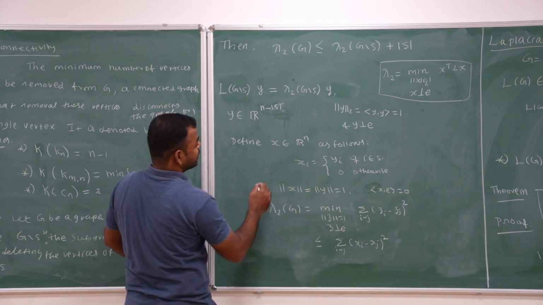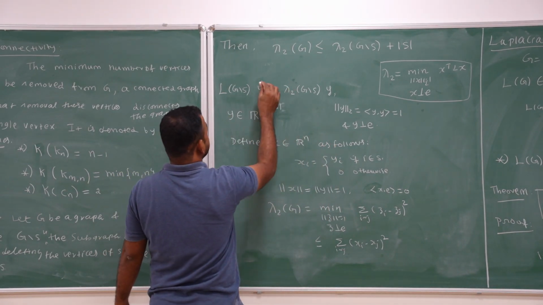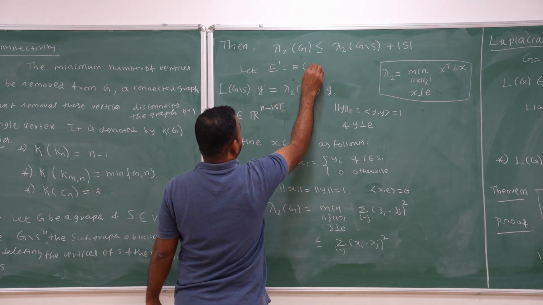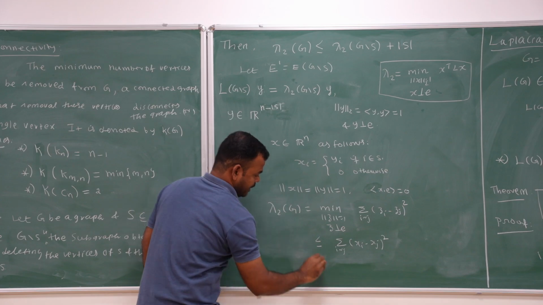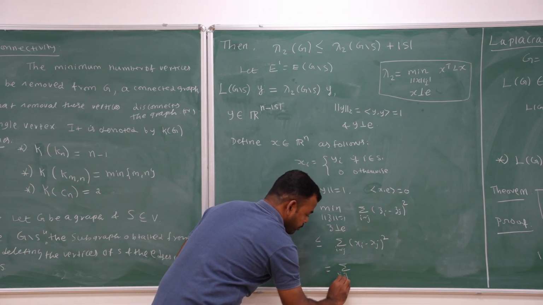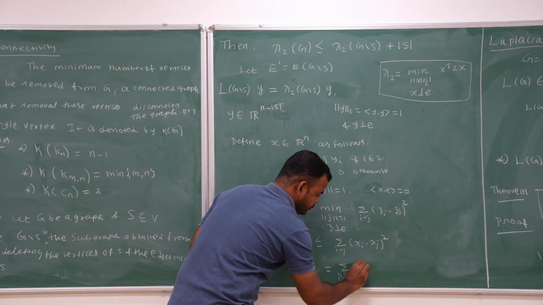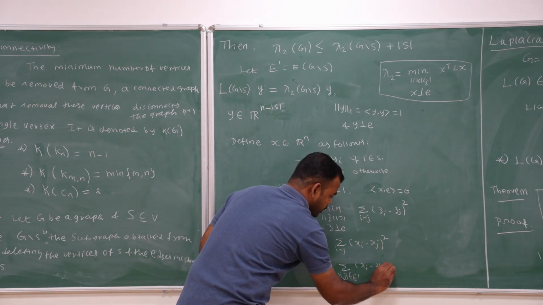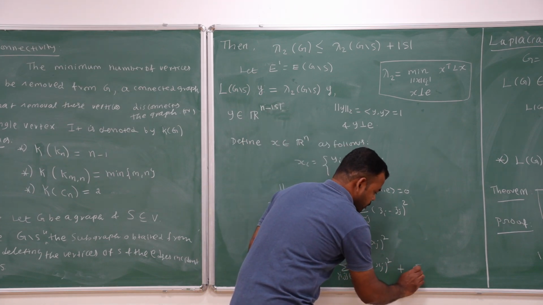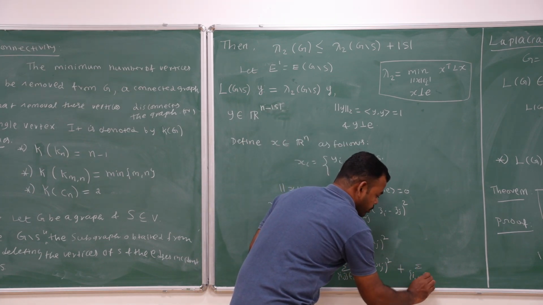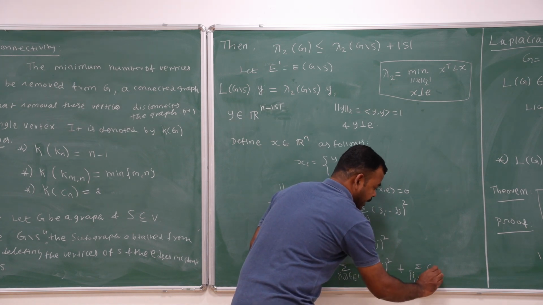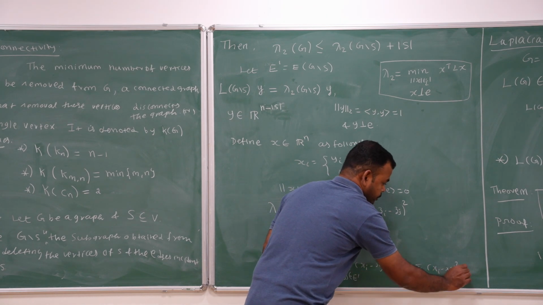Let us give a notation for the edge set. Let E prime equal the edge set of G minus S. With this notation, this is the same as the sum over edges ij in E prime of (x_i minus x_j) square plus the sum over ij in E minus E prime, where E is the edge set of the graph G, of (x_i minus x_j) square.